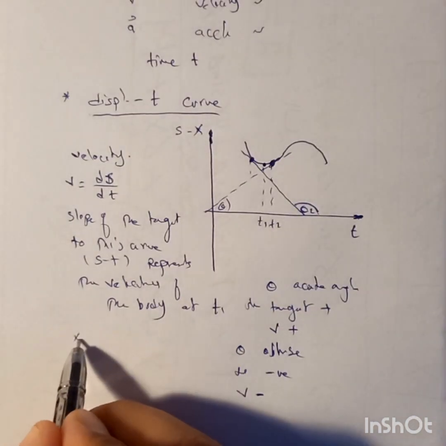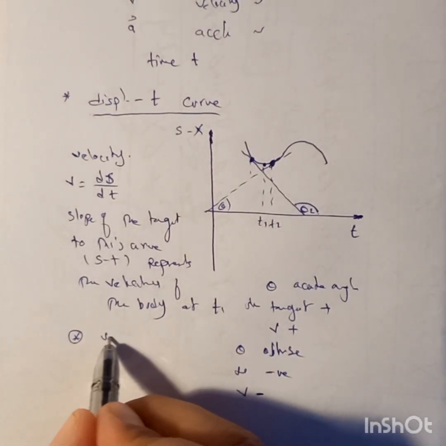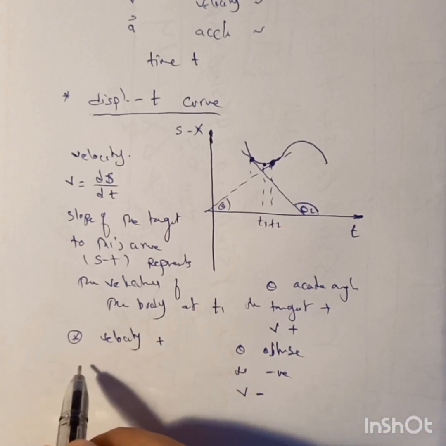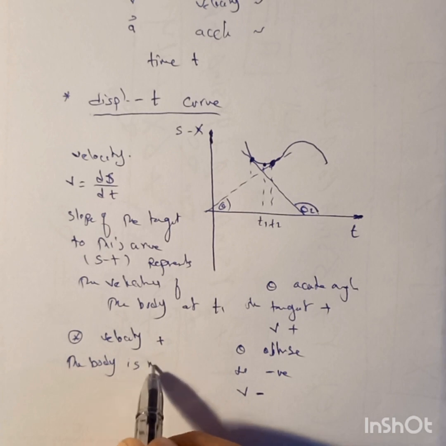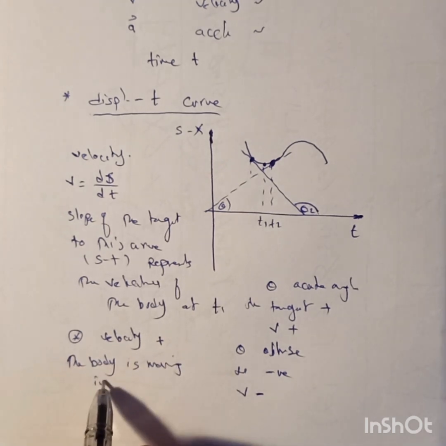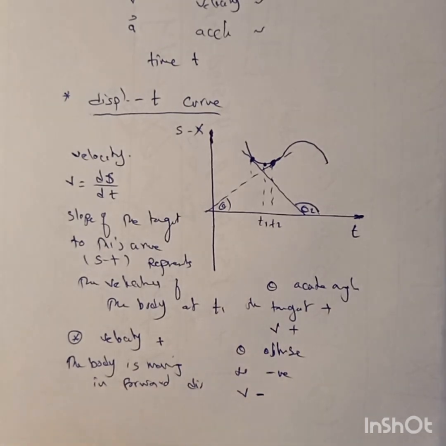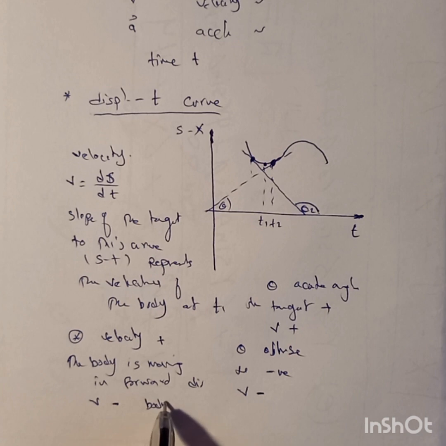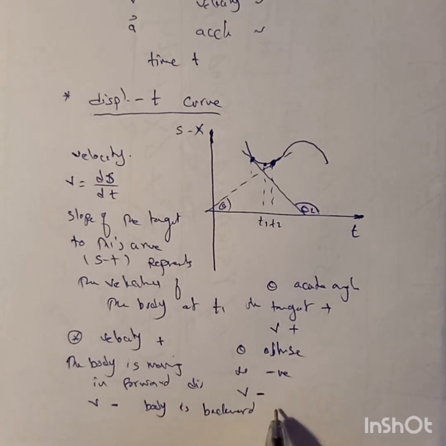So it's very important to know that if the velocity of the body is positive, then the body is moving in forward direction. If the velocity is negative, v is negative, then the motion of this body is in backward direction.